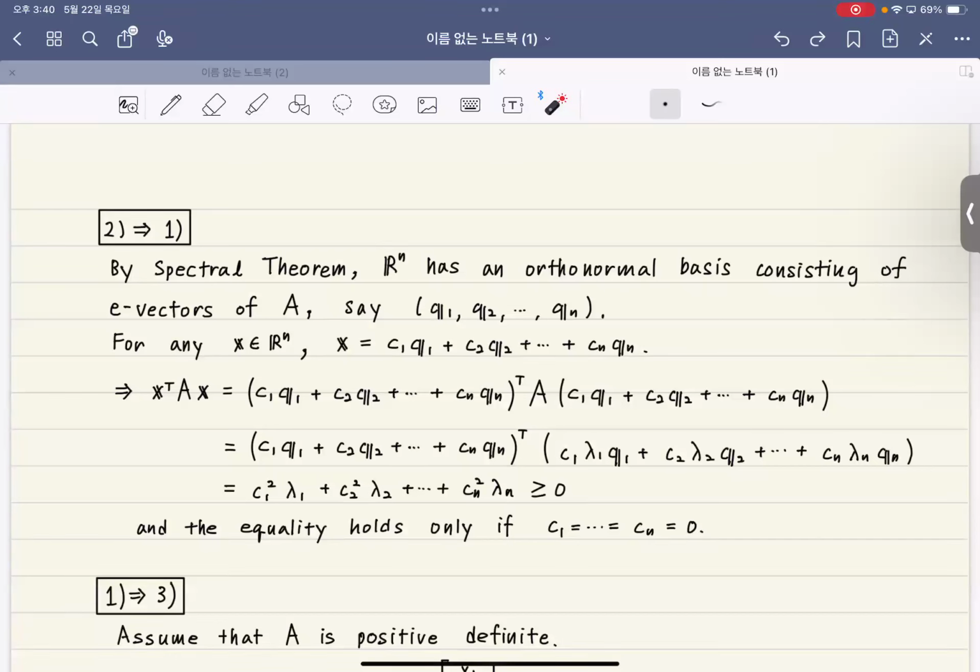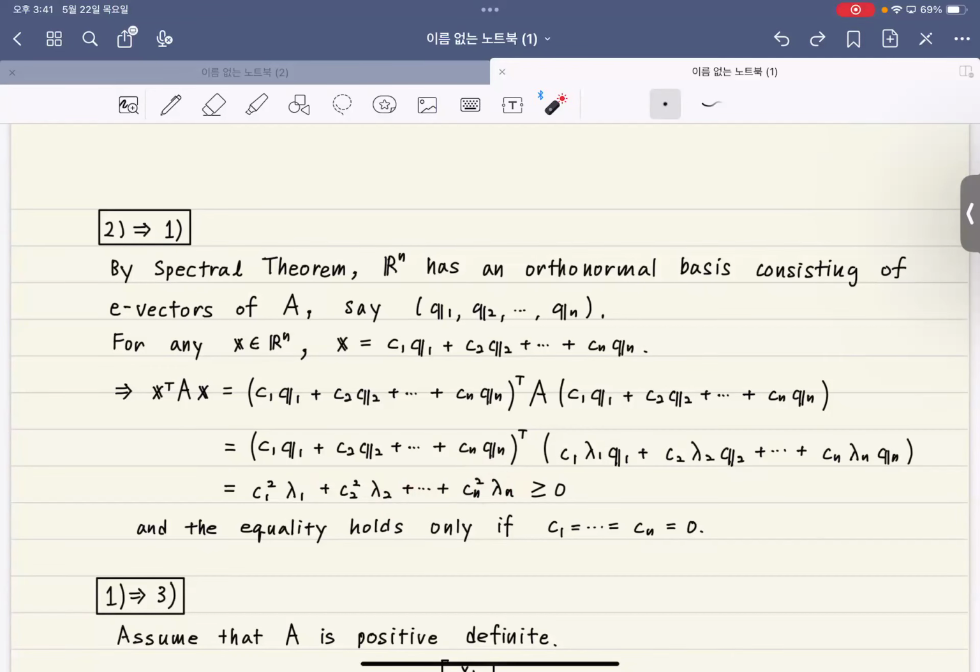And there's very nice news because Q1 to Qn are assumed to be orthonormal bases, so I can make use of the Pythagorean theorem, right? Q1 transpose Q1 is just 1. So eventually I have C1 squared times lambda 1, and C2 squared times lambda 2, and so on, up to Cn squared times lambda n.